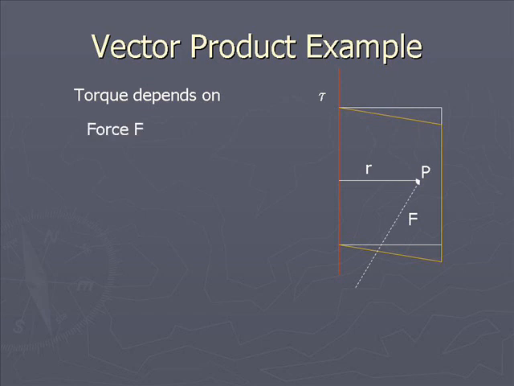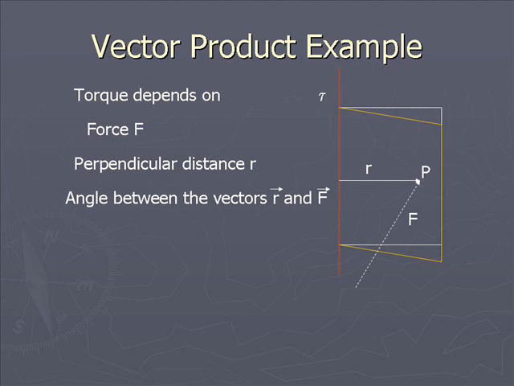We know that the closing of the door depends on the magnitude of the push, that is, the magnitude of the force applied. It also depends on the position of the point P. If P is nearer to the axis of rotation, we need more force. If P is away from the axis of rotation, we can close the door with less force. So, the closing depends on the distance of the point P from the axis of rotation.